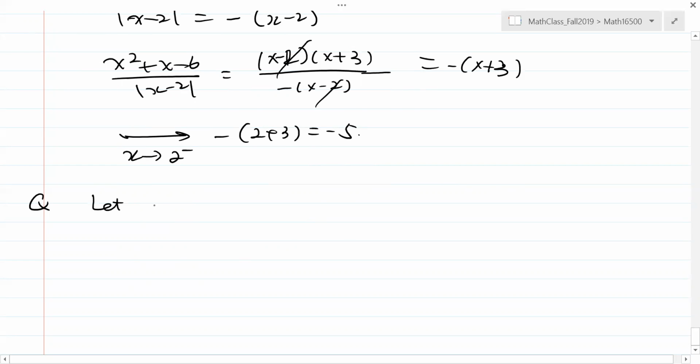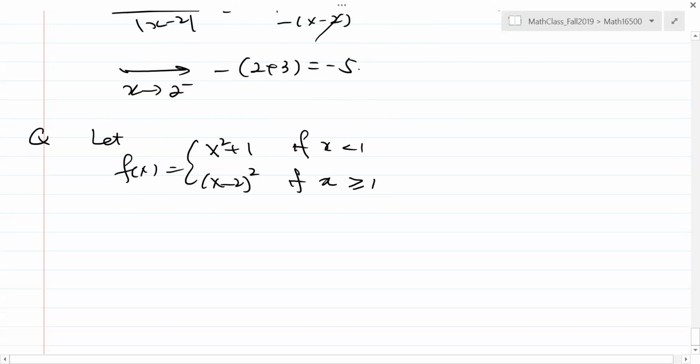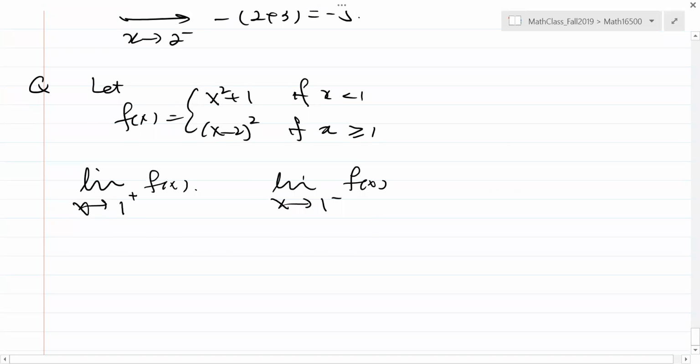Right. So let's look at the piecewise defined function. Okay. So we want to find the limit as x approaches 1 from the positive side, and also the limit from the negative side. Let's do this because it's piecewise. So all you have to do is replace f(x) by this piece, right?